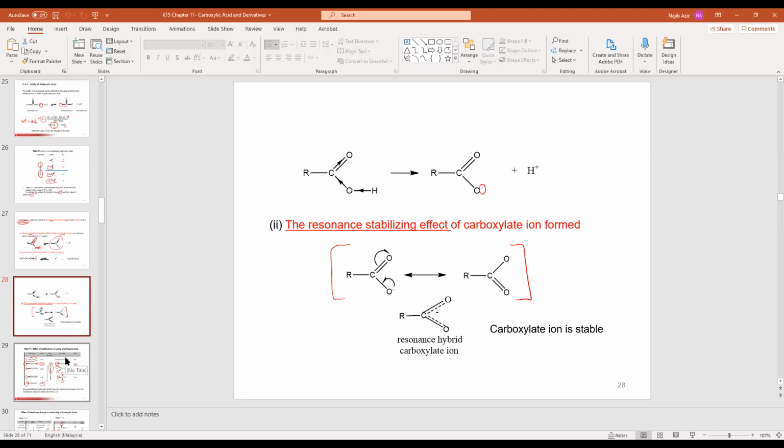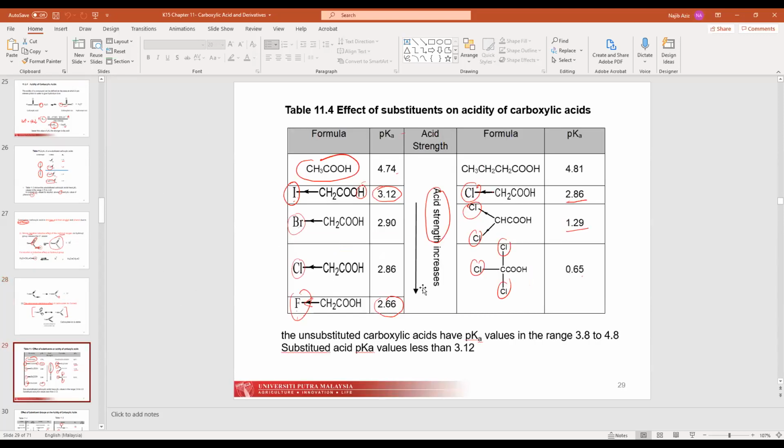Okay, and then other than that, there are some effects on the acidity of the carboxylic acid. So especially when carboxylic acid is attached with a halogen group. Okay, so acidity dia pun berbeza, akan increasing, okay, going up group 17 because fluorine is more electronegative kan.